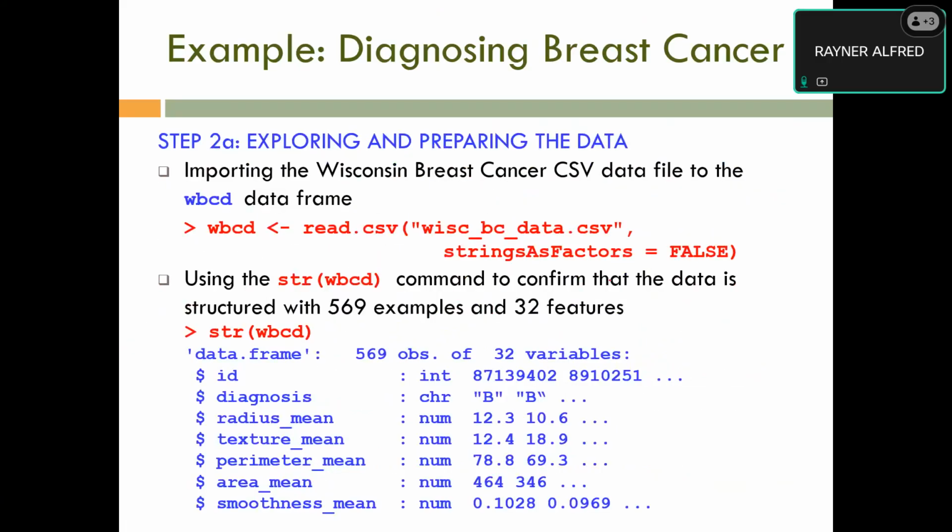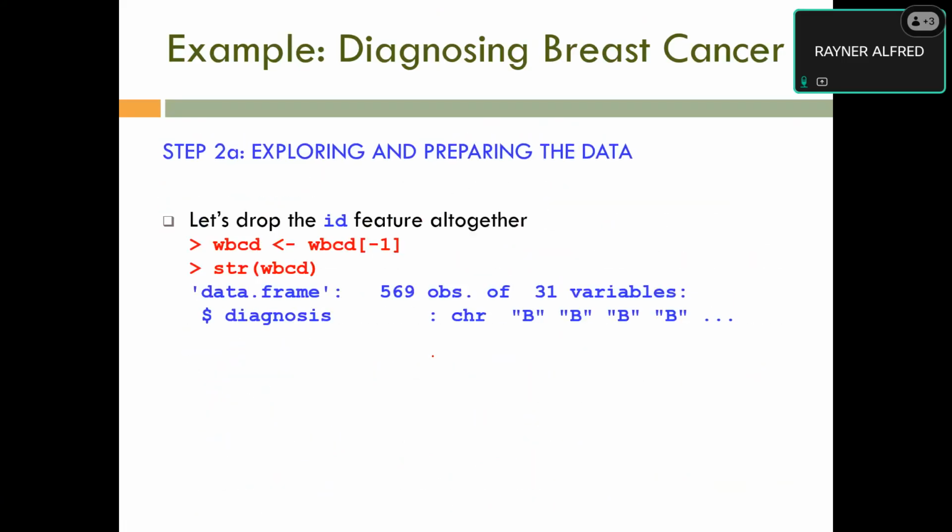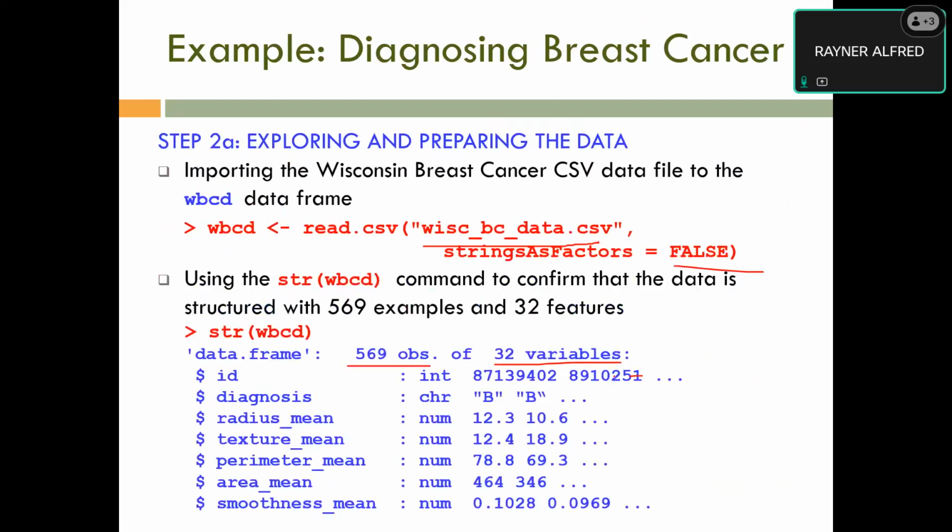So we read our data from this data set. Stringsasfactors is false, which means strings of characters will be treated as strings. We have 32 variables and 569 objects, and these are all the values that we have. Then we want to remove this column because it is not relevant.